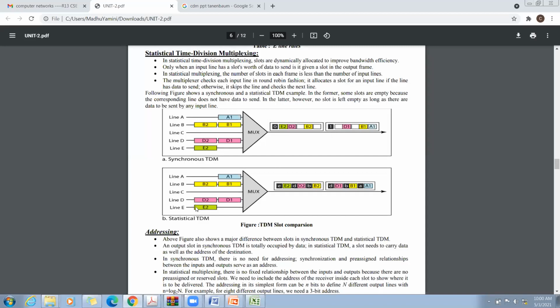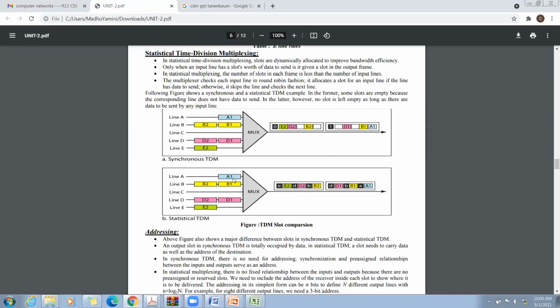Okay, next. This is normal synchronous TDM. In this you observe, even though the station is not transmitting the data, we still allocate a time slot in the frame. Okay, see the difference in statistical time division multiplexing.